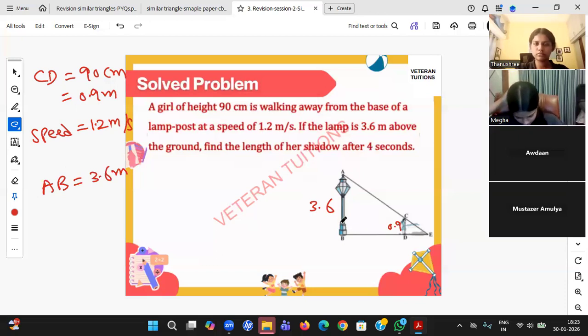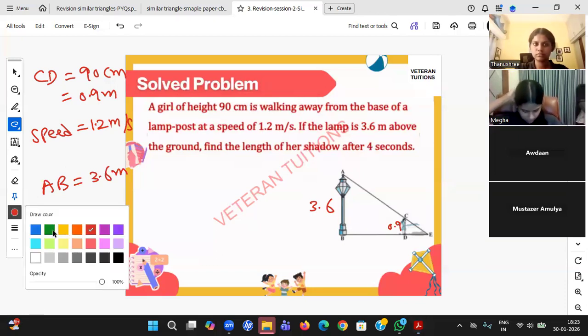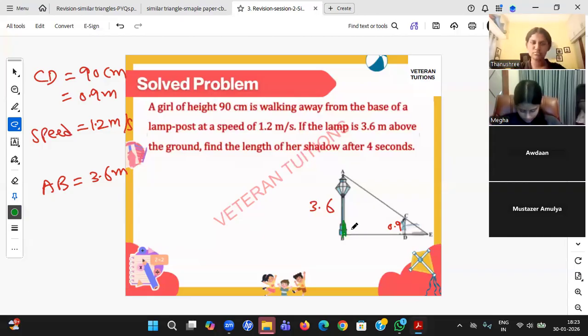So you see, the girl was here first. She has walked in this direction, still away from the base. She has walked here, she reached here. He said that she has walked for 4 seconds, right? So this is 4 seconds. And now he's asking this one.